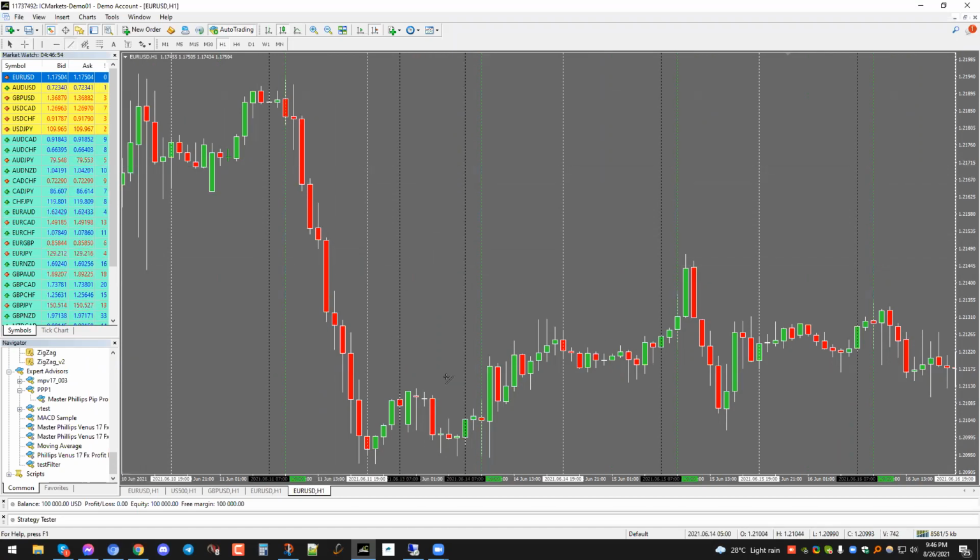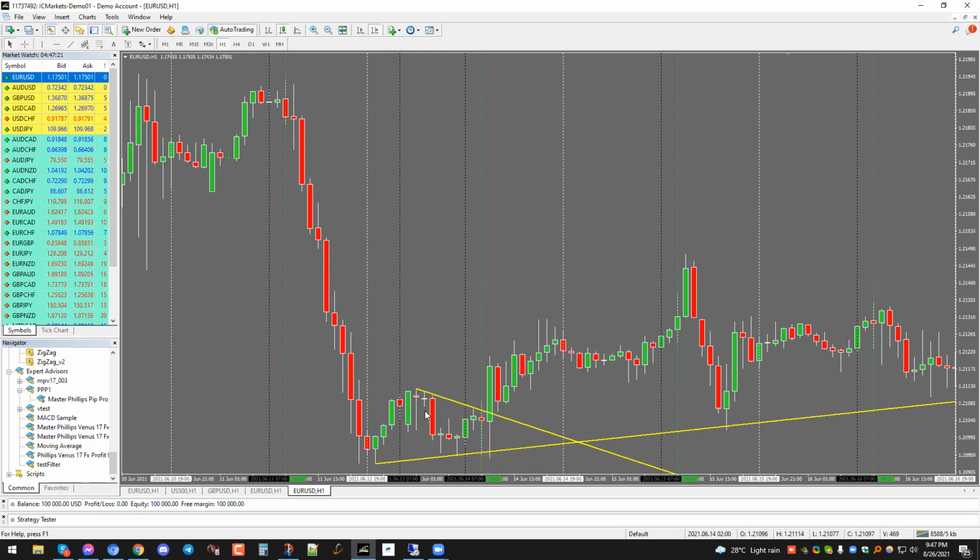And we would have drawn our trend lines like this. This is the low. We draw it in like this. And this is the high. And this is one. Draw it in like that. Right?